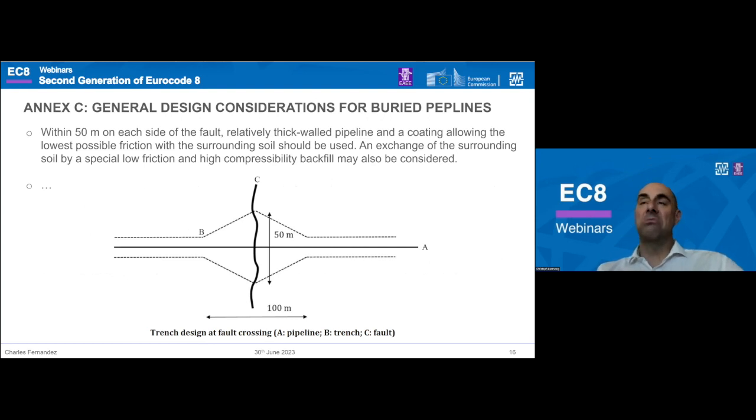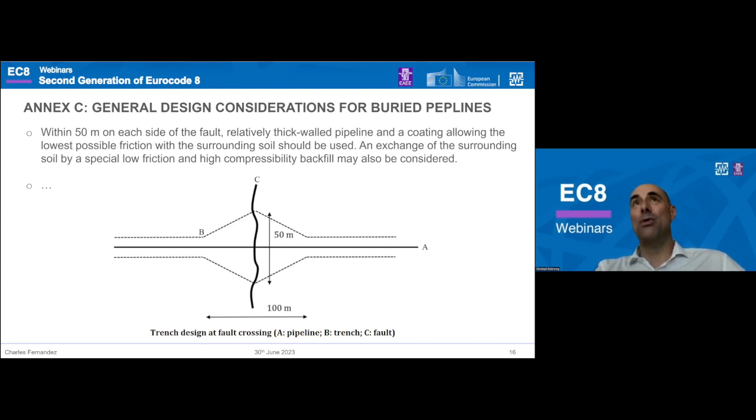So we have one general design configuration that makes sense. We see a fault crossing the pipeline. And what we can do is use a thicker wall for the pipeline close to the fault.